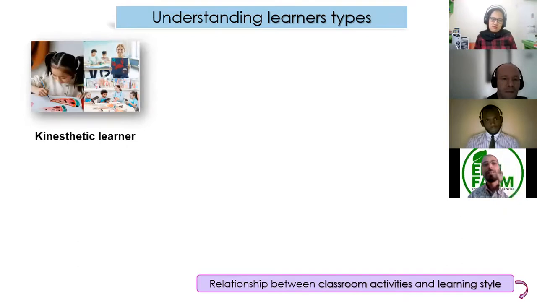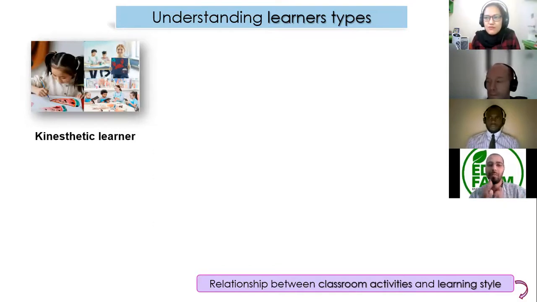Before describing this learner, I will give you a flashback on why understanding learner types is important. It helps you to create your activities and describe the lesson, for example, when you want to teach grammar or vocabulary, so you have to learn from your students. That helps you to plan a lesson for them.